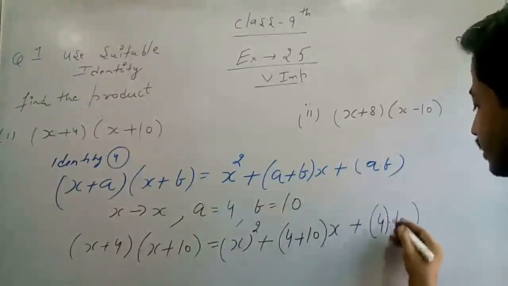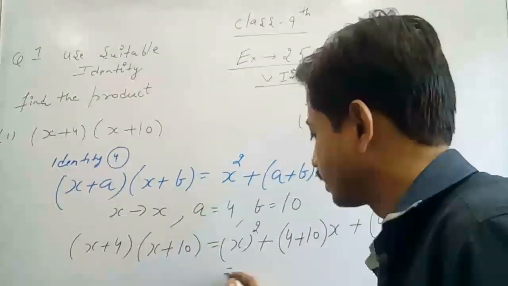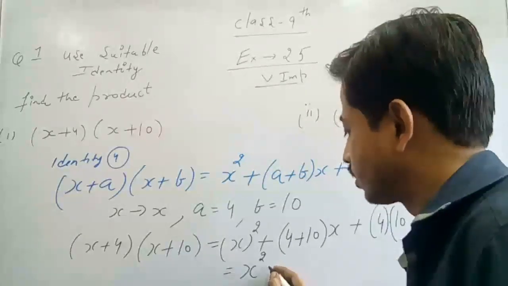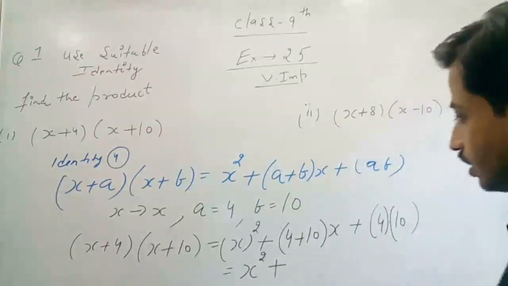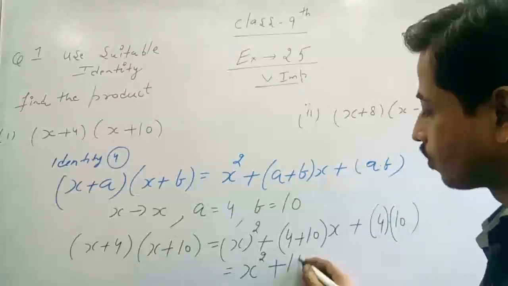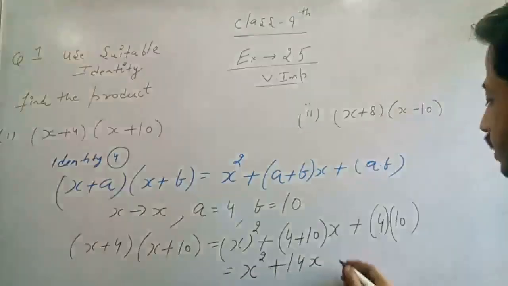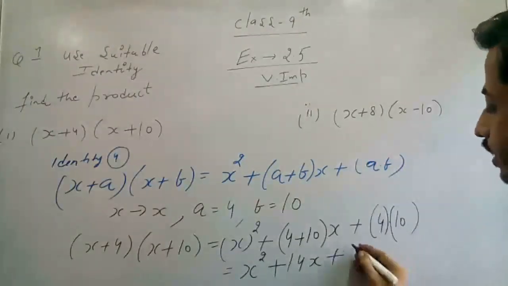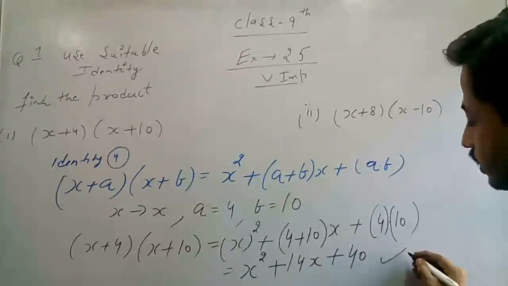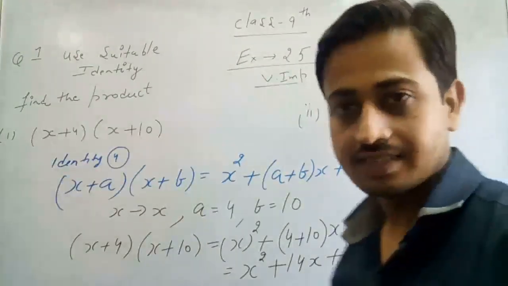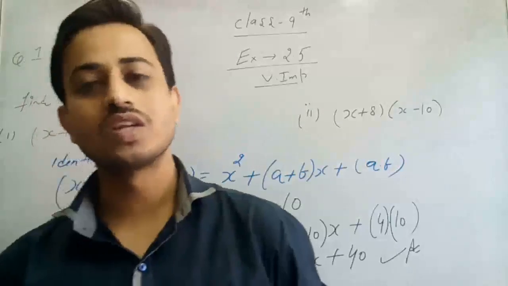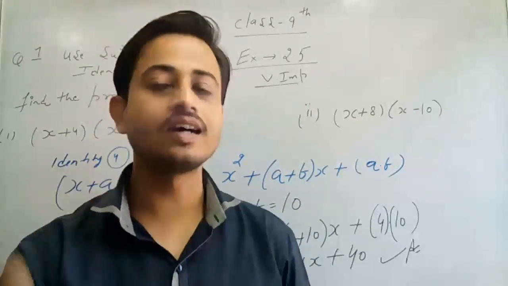So what's the answer? x square plus 4 plus 10, 14x, plus 4 into 10, 40. This is the answer. So this question becomes very easy if you learn the identity.